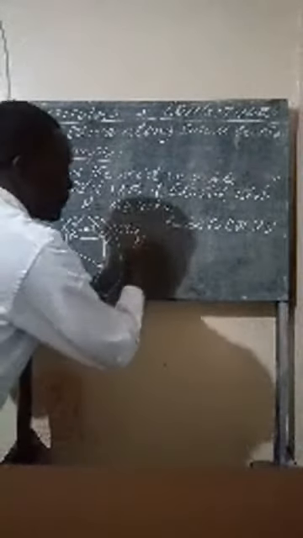That is how we are going to get the radius of this small circle. Lastly, we'll find distance AB.